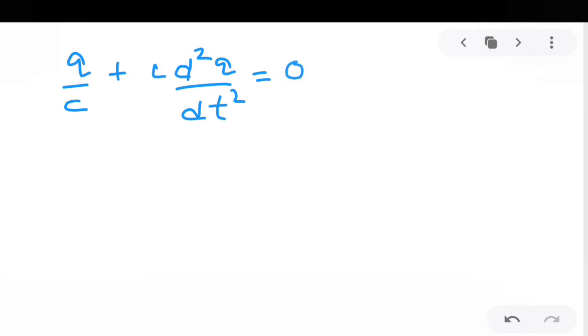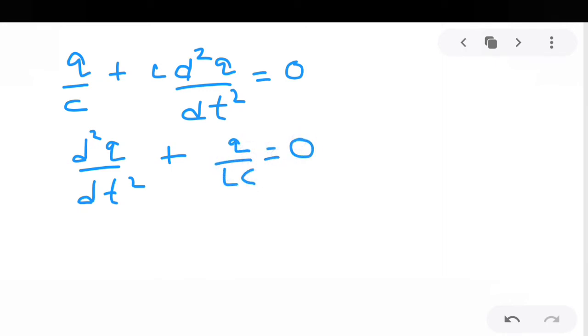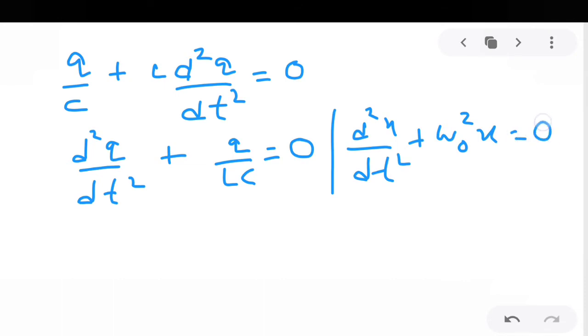Now this can be written as d square q by dt square plus q by LC is equal to 0. This is of the form d square x by dt square plus omega naught square x is equal to 0.